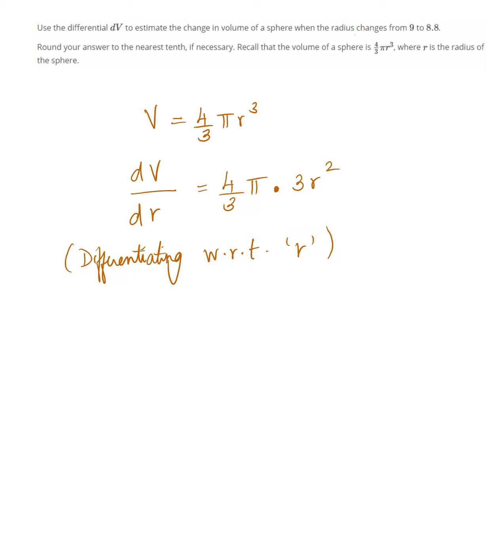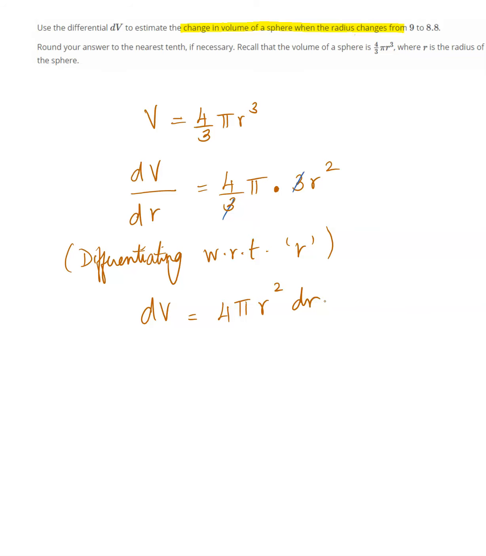And that information comes right from here. Change in volume when the radius changes. Okay. And they want us to find dV. Therefore, dV will be, simplifies here, 3. dV is 4 pi r squared dr.